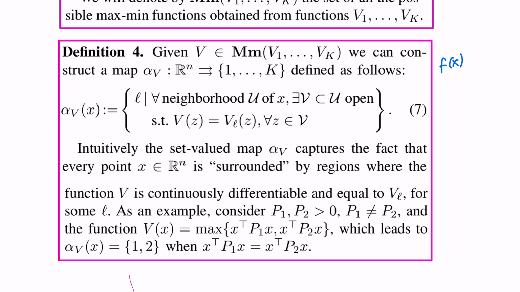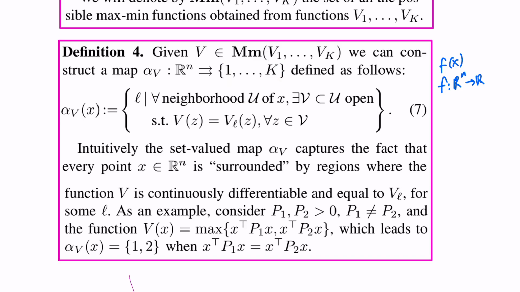This is a function that takes values from Rn to R, and we would write it with only one arrow. When you have two arrows, that means it returns a set, such that that set is a subset of this specified set.